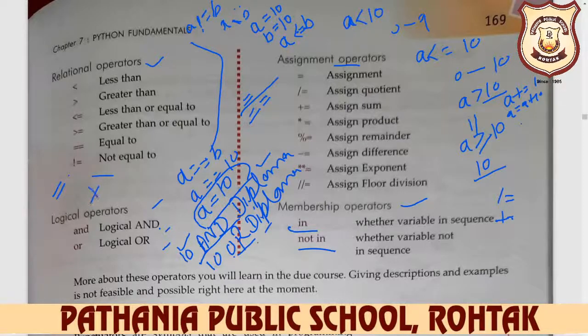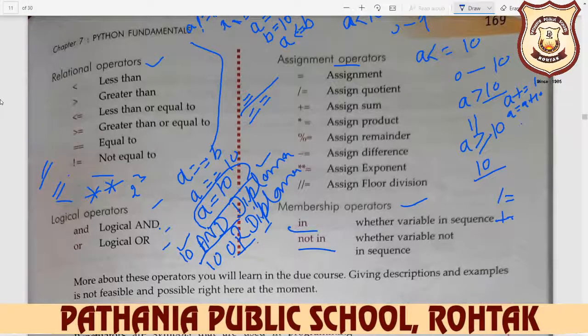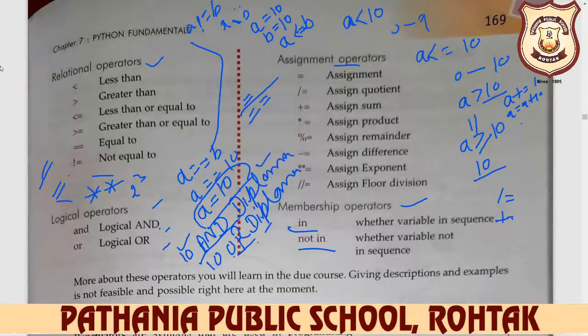What is the difference between single multiplication sign and double multiplication sign? So single multiplication is used for multiplication, but double multiplication is used for power. Same like this, single division is used for division and double is used to display the integer quotient value. When you divide any value, only the integer value will be displayed, no fractional part will be displayed here.